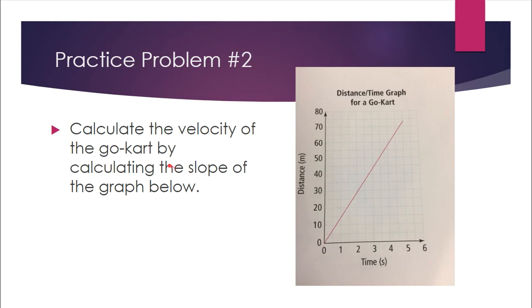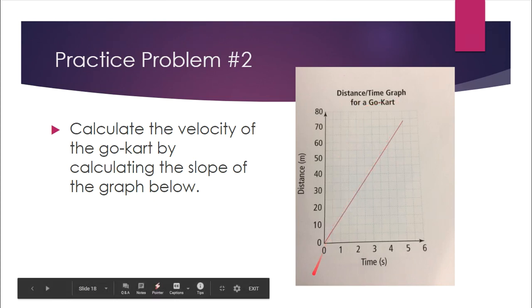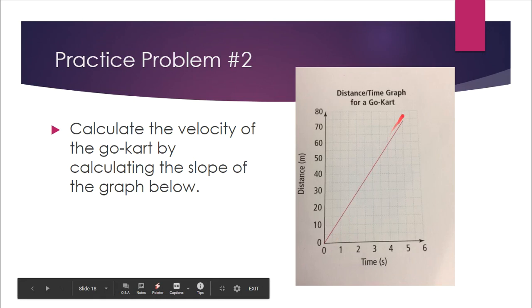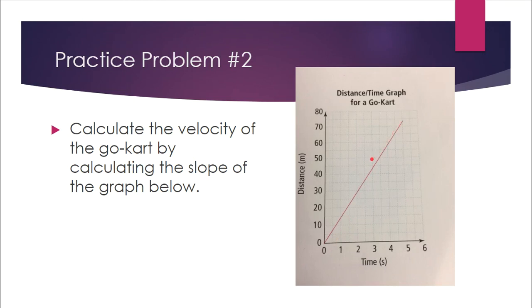Here is: calculate the velocity of the go-kart by calculating the slope of the line, the slope of the graph below. This is a distance time graph for a go-kart. This is a much better graph to use. I want you to remember, choose 2 points, the x and the y.